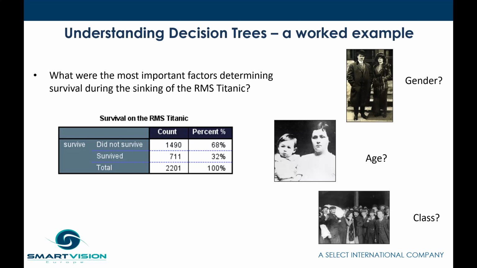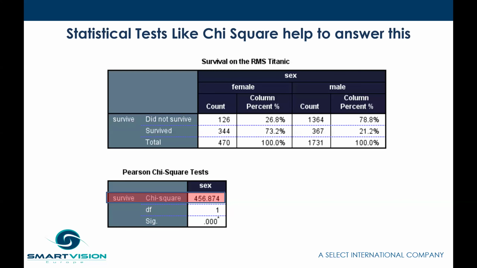So if we did, for example, a crosstab of gender, the sex of a passenger, against whether or not they survived, and we're looking at the column percent here, we can see 73% of females survived compared to only 21% of males. A chi-square test basically produces a value and says, what's the probability of getting a result as extreme as that, assuming that gender made no difference?